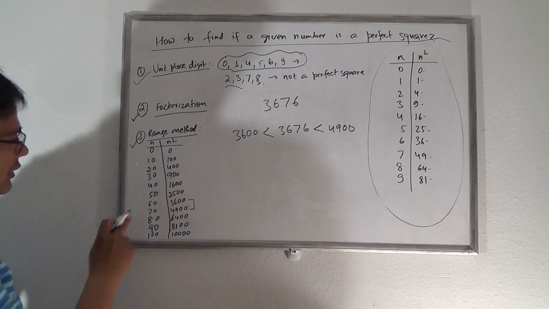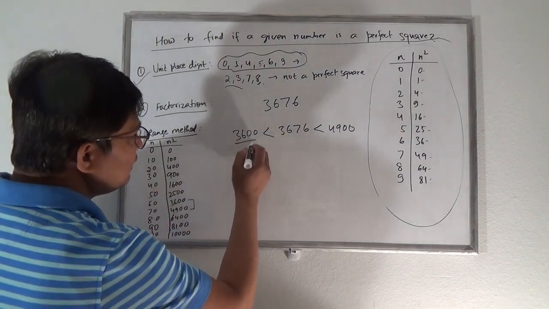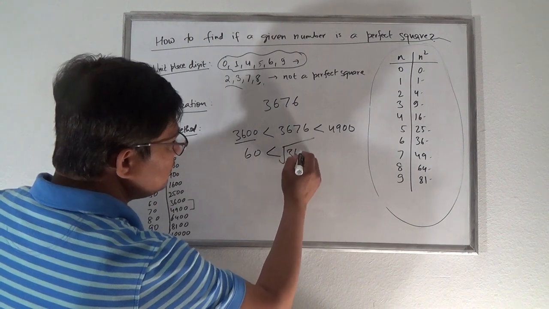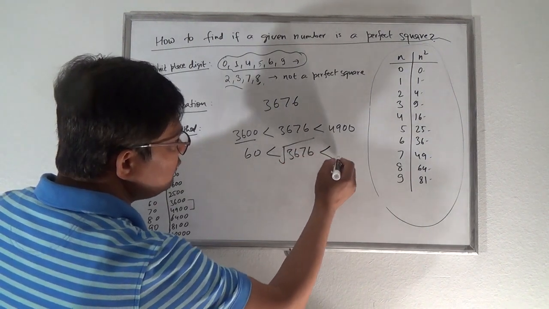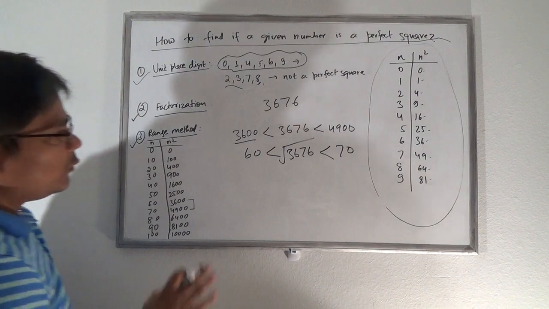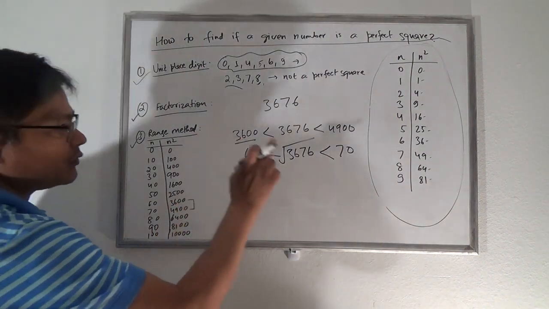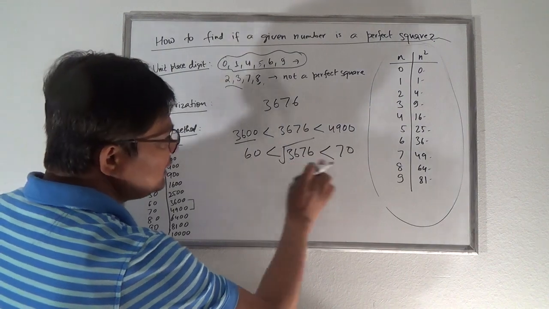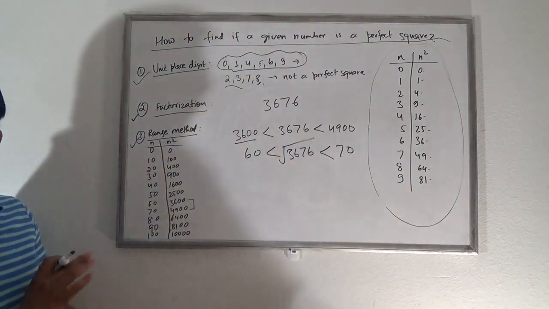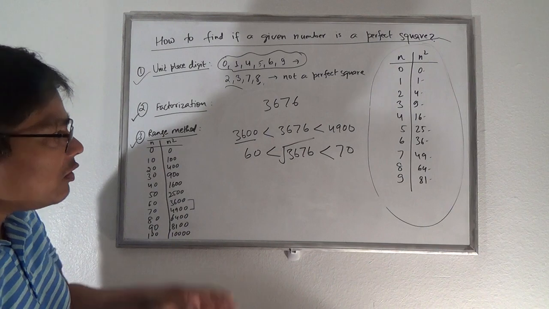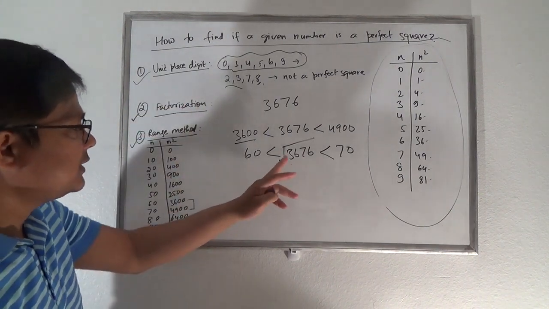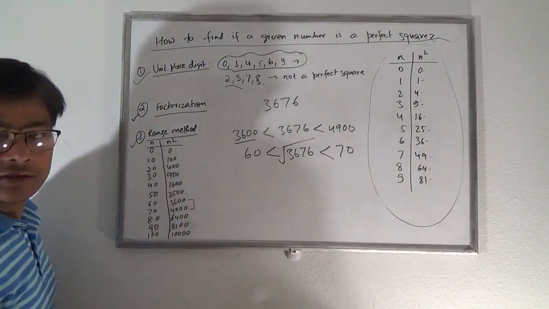We know the square root of this one is 60, and the square root of 4900 is 70. So one thing is sure, that the square root of this number is between 60 and 70. Now, instead of looking at a long range of numbers, you can find the square root of this number between two digits.